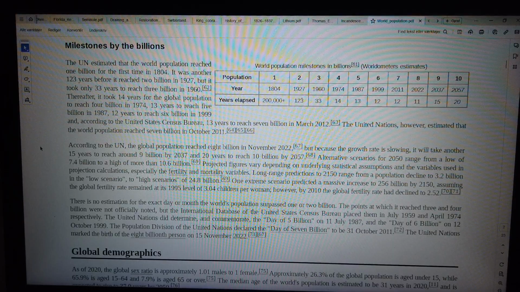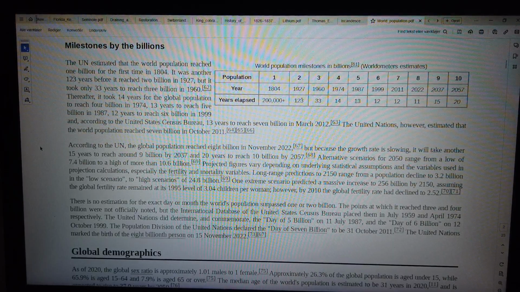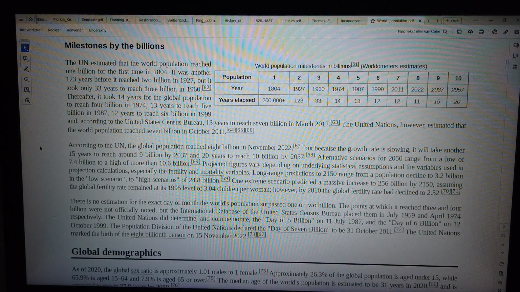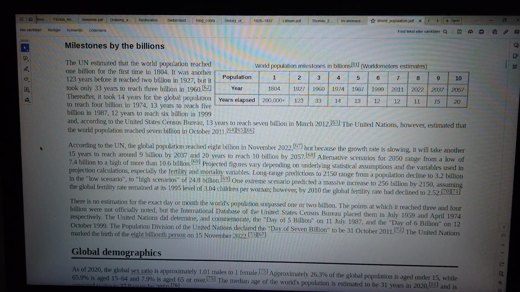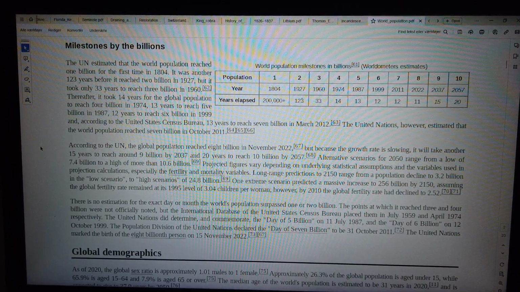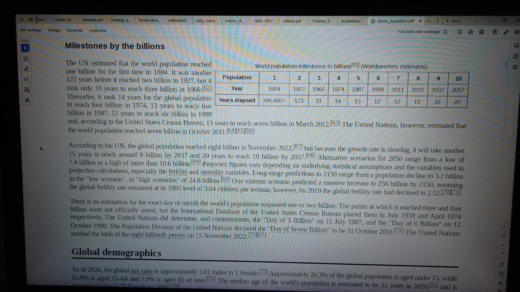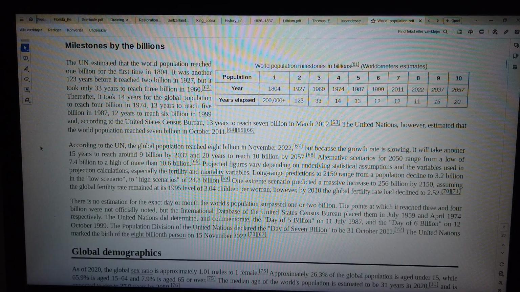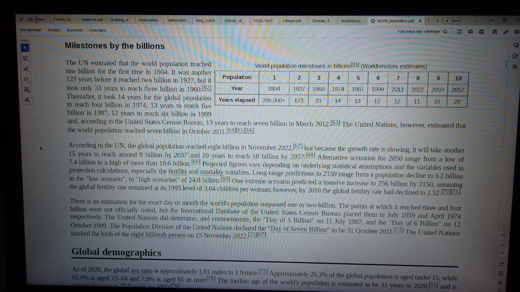13 years to reach 5 billion in 1987, 12 years to reach 6 billion in 1999 and, according to the United States Census Bureau, 13 years to reach 7 billion in March 2012. The United Nations, however, estimated that world population reached 7 billion in October 2011.